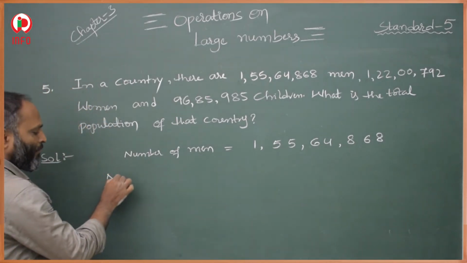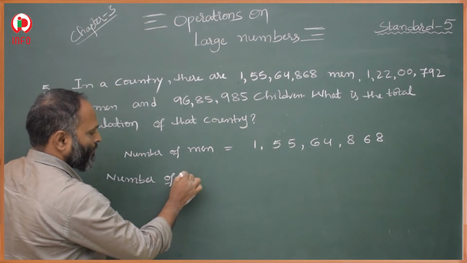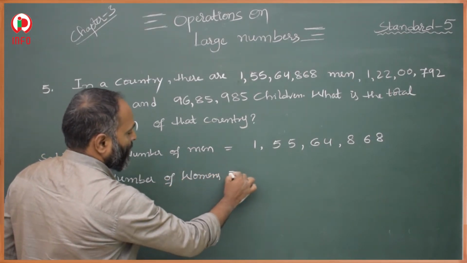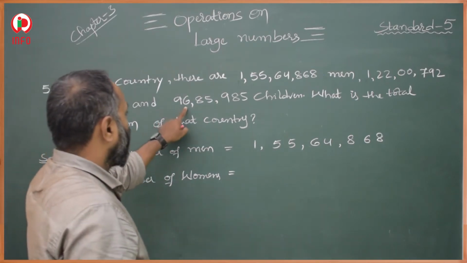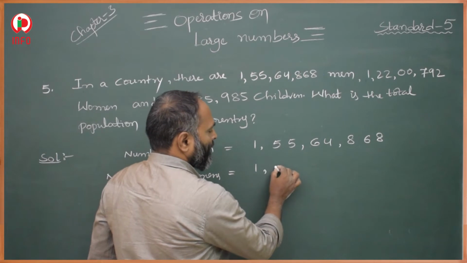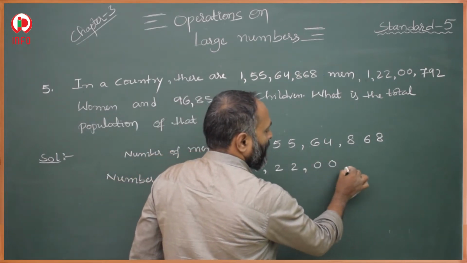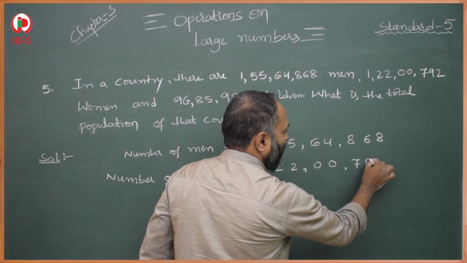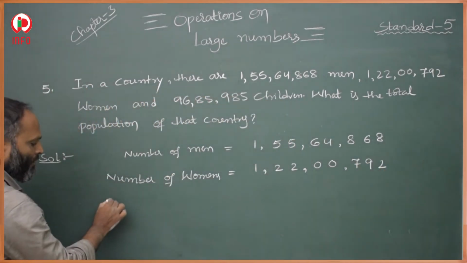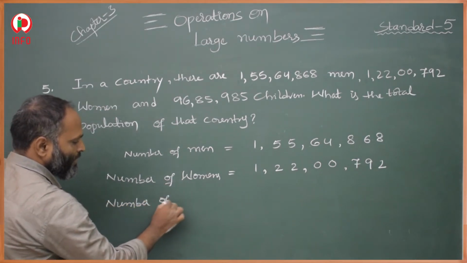Then after that, number of women: 1 crore 22 lakhs 792. Number of children.